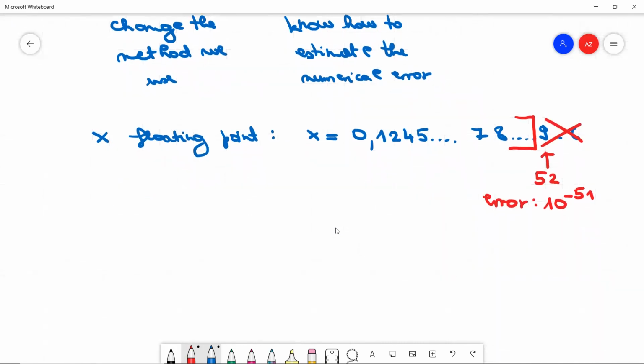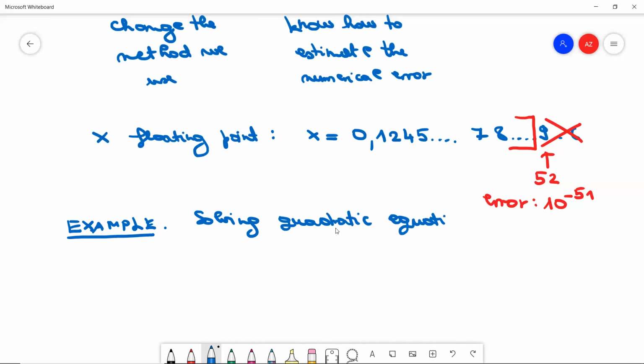Solving a quadratic equation. Let's look at this example to demonstrate that this can really cause a relatively big error. We have x squared plus 2a squared x minus q equal to 0.